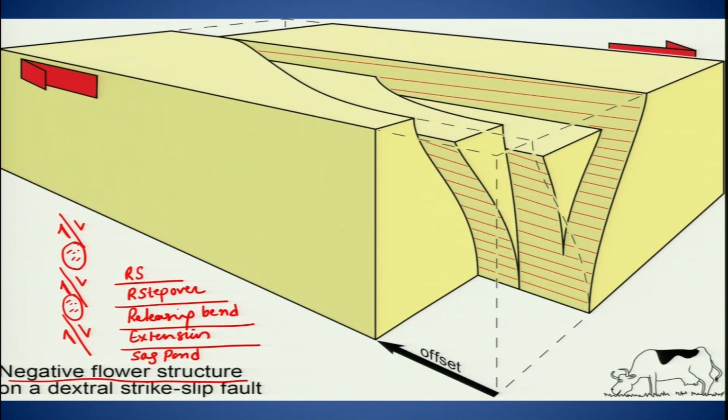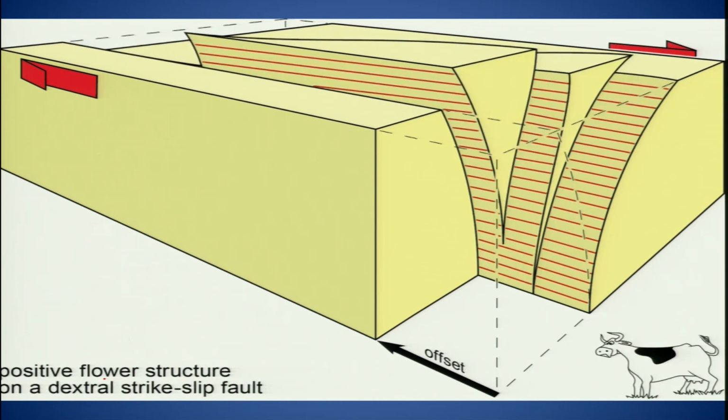So similarly, if we look at the formation of the positive flower structure, then again what we see is, let us say we have the left step over. So you have right lateral strike slip here, right lateral strike slip here. So this portion will see compression.